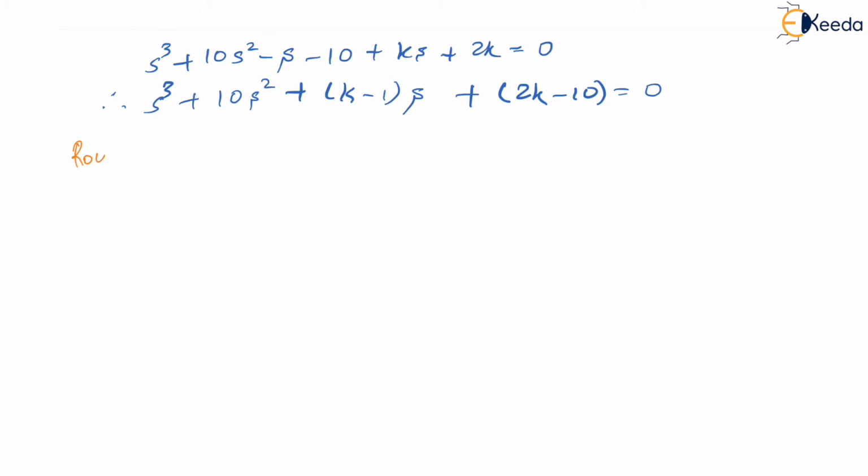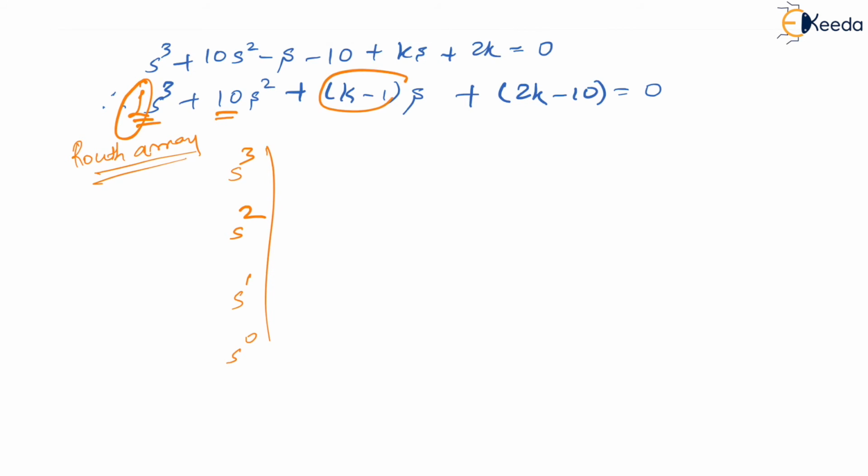Now let us form the Routh array, with rows s³, s², s¹, s⁰. We know we have to write the alternate terms. So this is 1, this is 10; alternate terms are 1, k − 1.